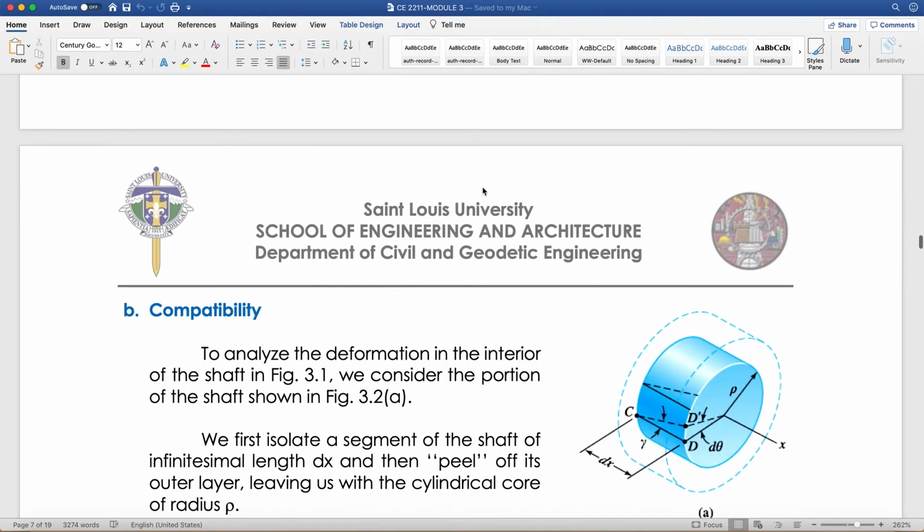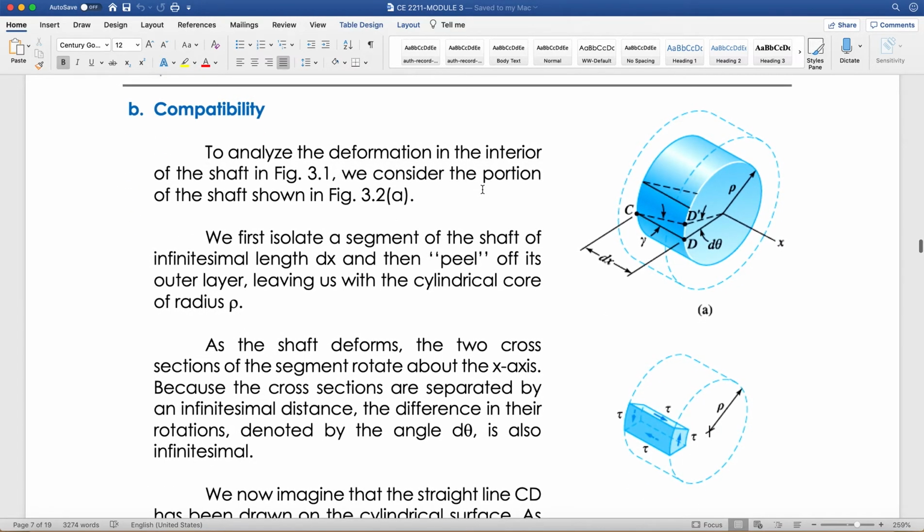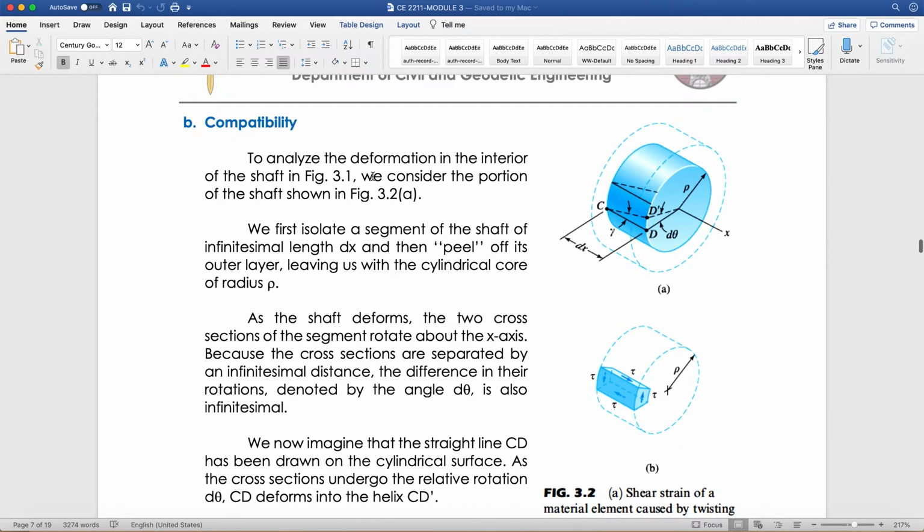For compatibility, to analyze the deformation in the interior of the shaft, we consider the portion of the shaft shown in figure 3.2a. From the original figure, it deforms to this, and that is what we call the torsional strain.